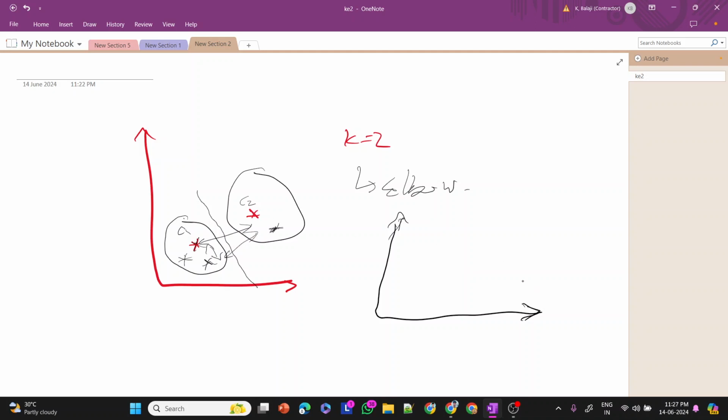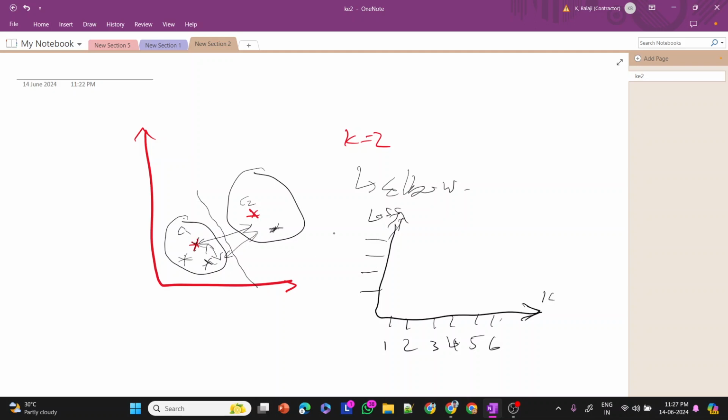In the elbow method, k is defined on the x-axis, the number of k, the value of k, and here we have losses.